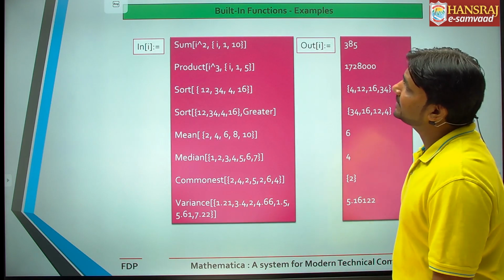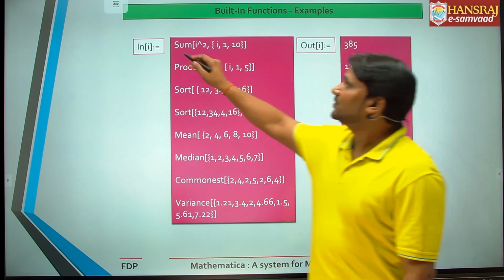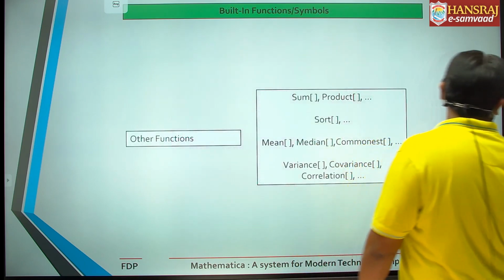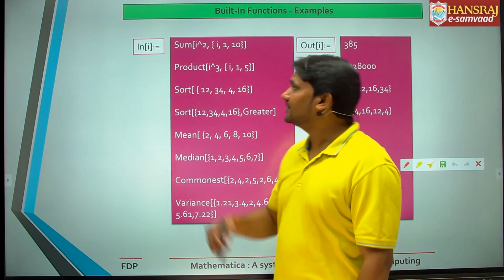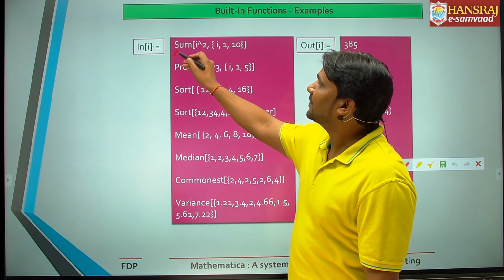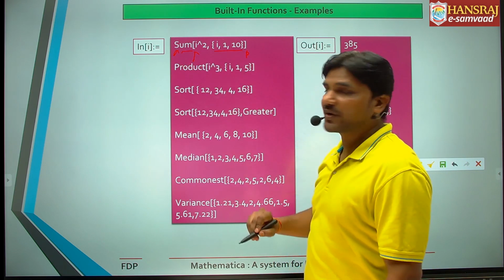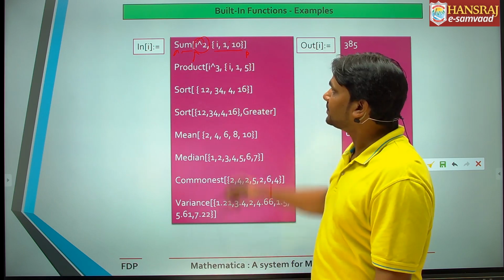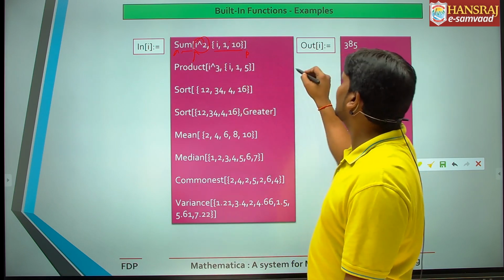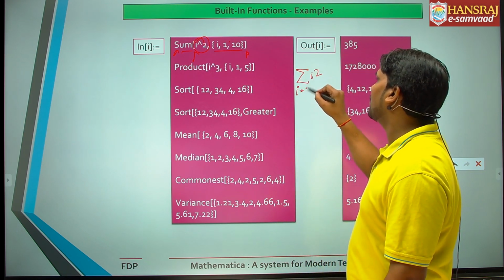Okay, now here is an example. Here you can understand the sum function. You can use Sum, where S should be capital, as I already said the rule. Capital Sum, then square brackets for your input, curly brackets for your range, i from 1 to 10, and the function i squared. So you are using sum of i squared, i equals 1 to 10.